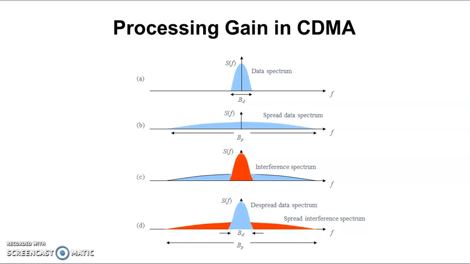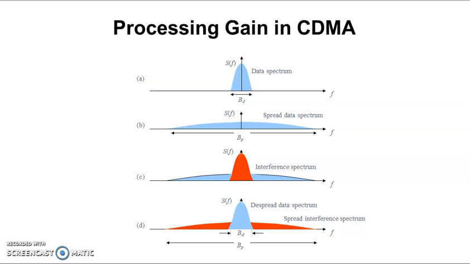If we consider the carrier to noise ratio for the given signal, we need to know how much interference signal is superimposed on this received signal.